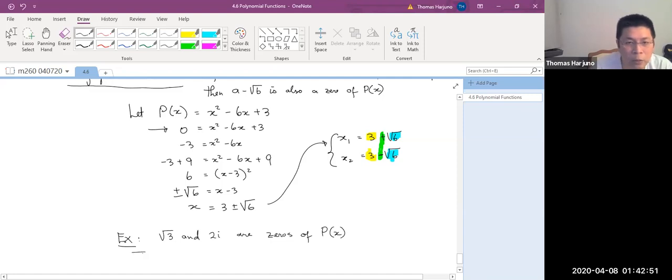Implicitly, we get buy one, get one free. Buy two, get two frees. Because radical 3 is an irrational number, the conjugate must also be a zero. Because 2i is a complex number, then negative 2i is also a zero.